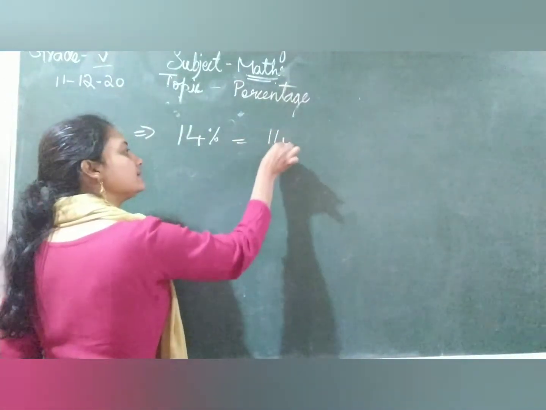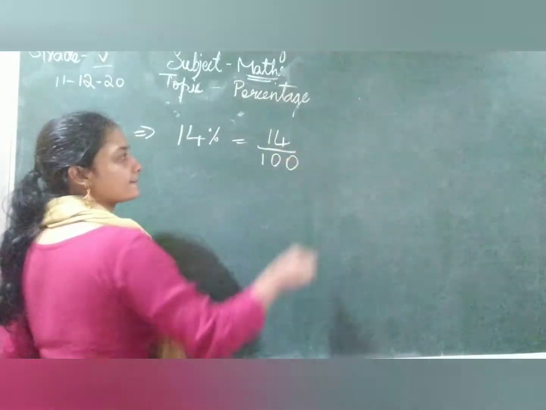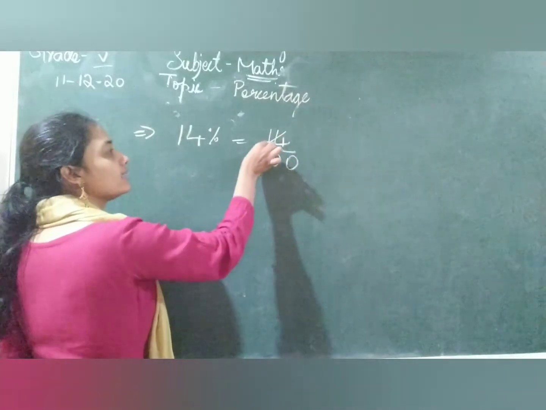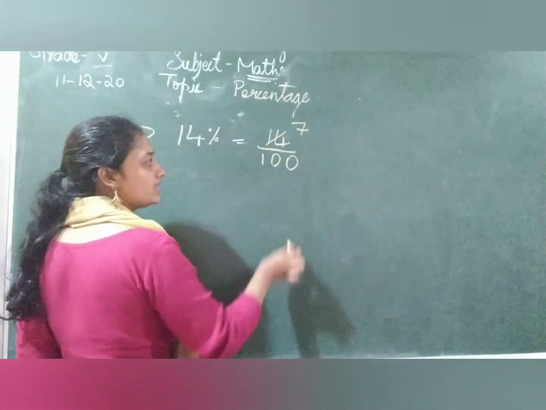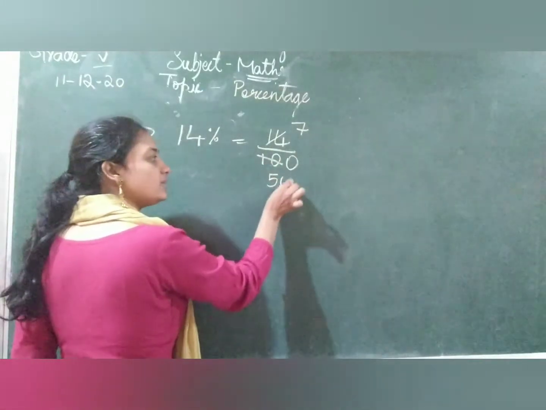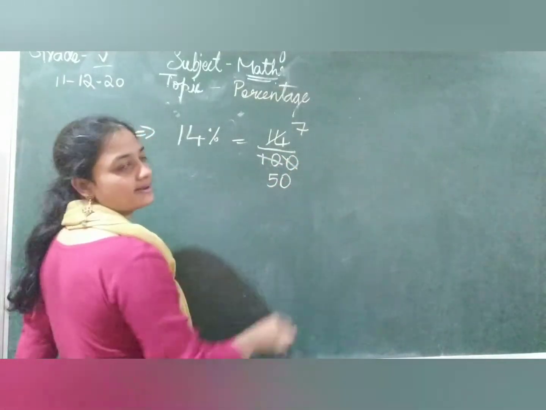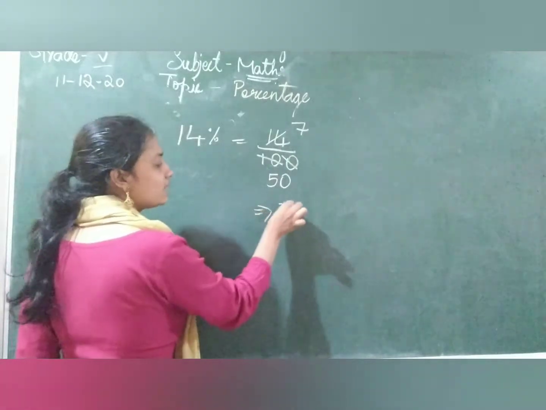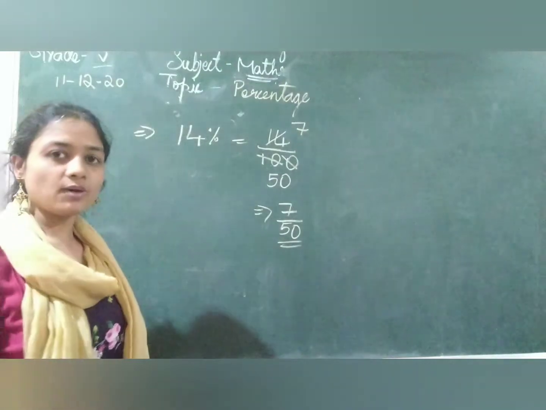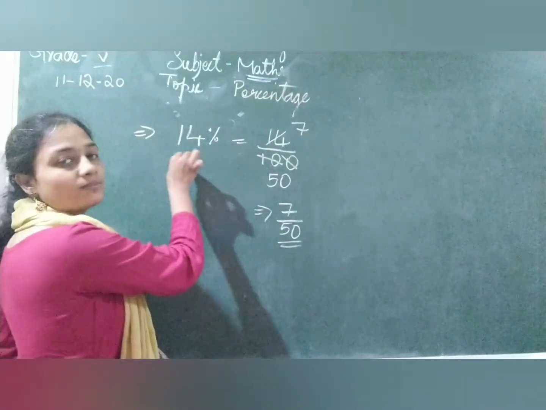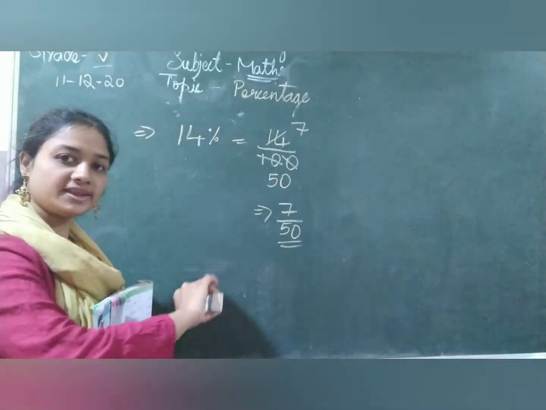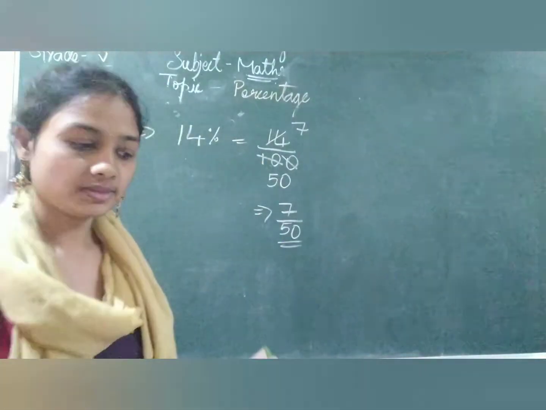Write 14 divided by 100. So I can simplify this. 2 7s are 14, 2 5s are 10 and 0, so 2 50s are 100. So what is the answer now? 7 by 50. Did you see we got back the fraction from percent. This is how you convert percentage to fraction.